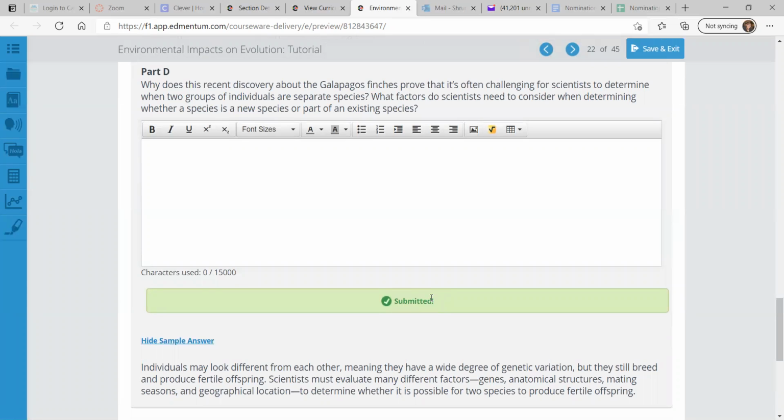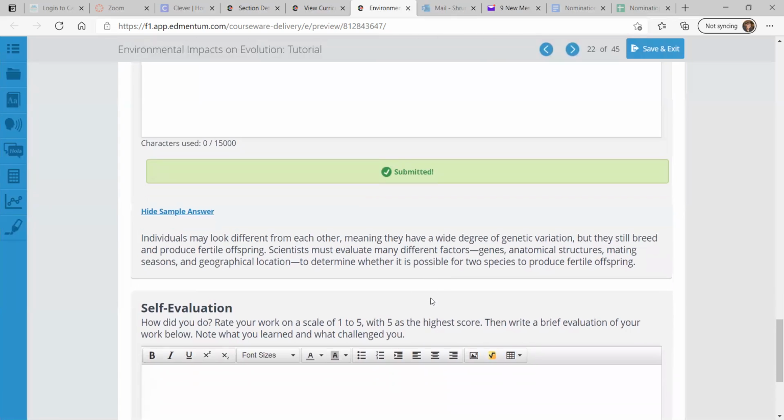Why does this recent discovery about the Galapagos finches prove that it's often challenging for scientists to determine when two groups of individuals are separate species? What factors do scientists need to consider when determining whether a species is a new species or part of an existing species?